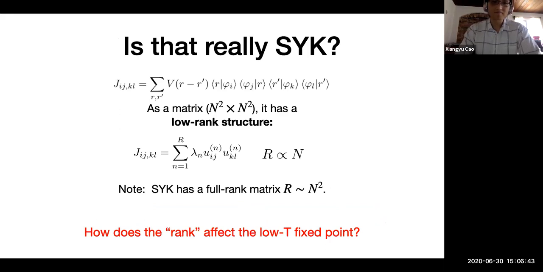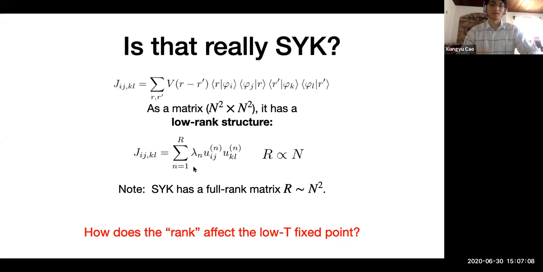For this, let us consider this J_ijkl. It's a huge tensor with N to the 4 numbers, more or less. Let's consider it as a matrix of size N squared times N squared. If I group i and j, and k and l, respectively together, I can rewrite this matrix like this.